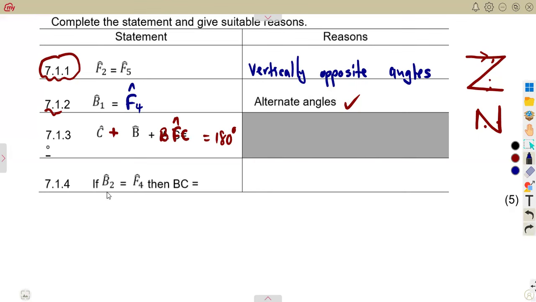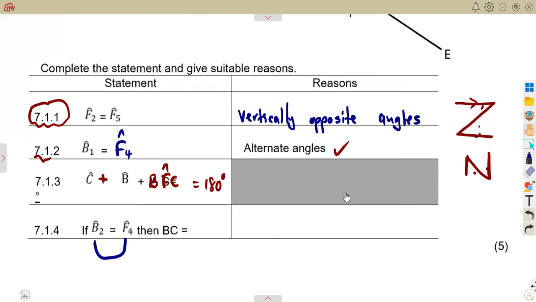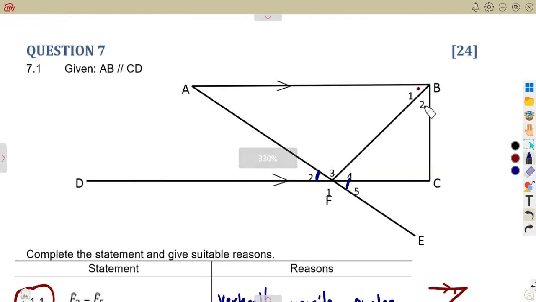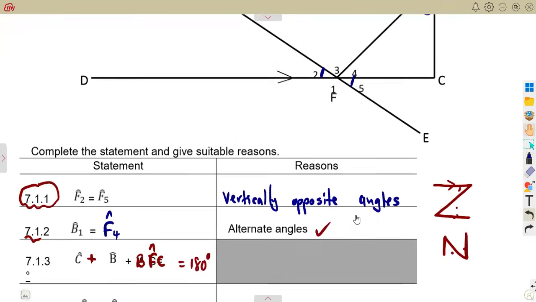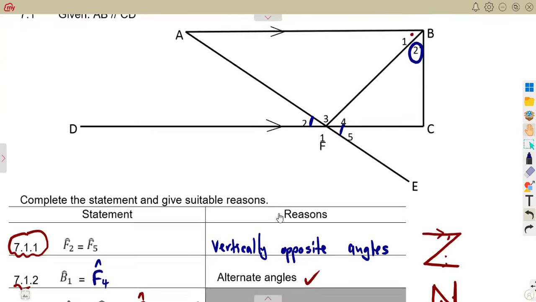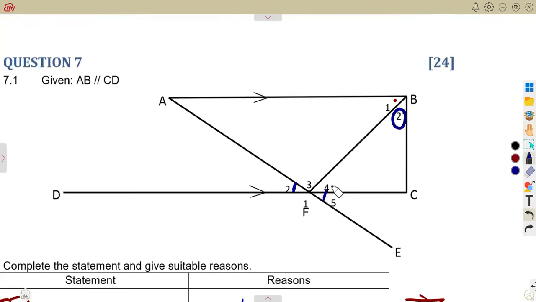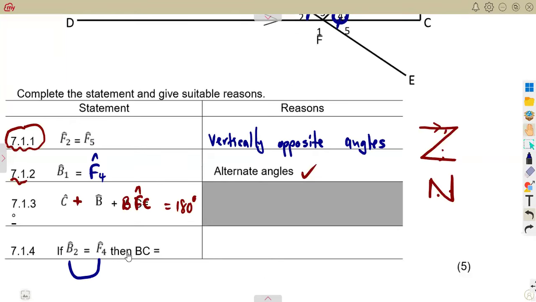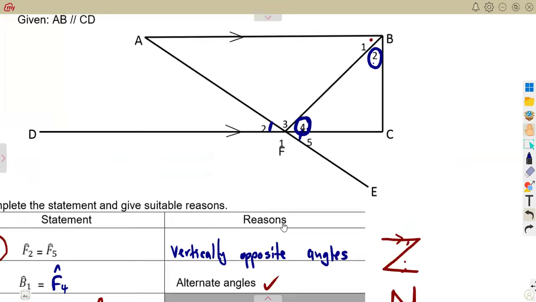If B2 is equal to F4, then BC is equal to what? Let's see on our diagram. This is angle B2, and this is angle F4, here. If B2 and F4 are equal, the question is: then BC is equal to what?